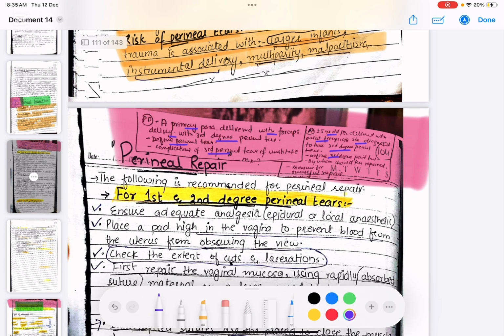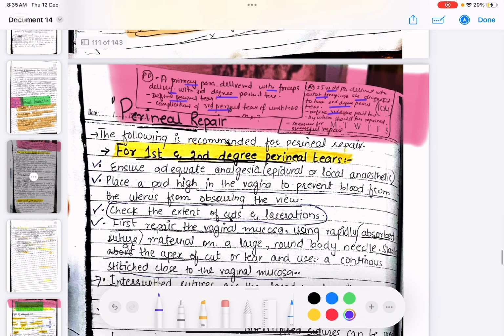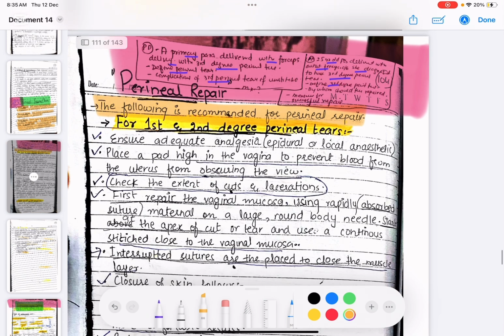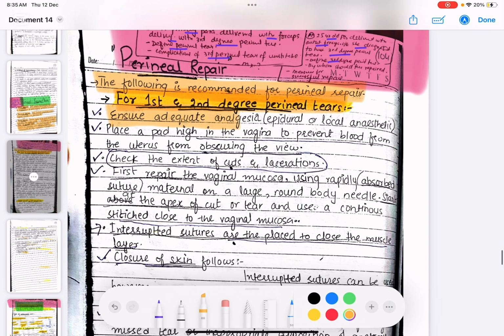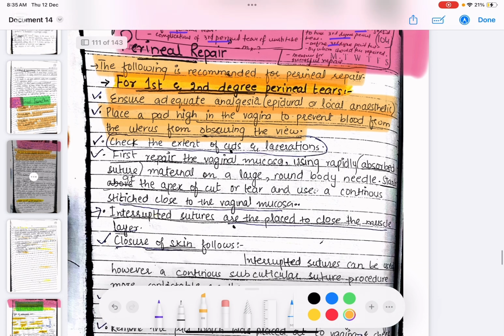Now coming towards the perineal repair, the following is recommended. For first and second degree perineal repairs, ensure adequate analgesia, that is epidural and local anesthesia. Then place a pad high in the vagina to prevent blood from the uterus from obscuring the view. Then check the extent of the cuts and lacerations.